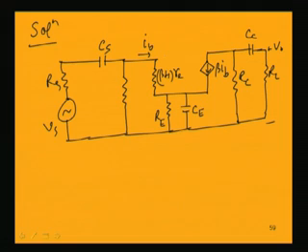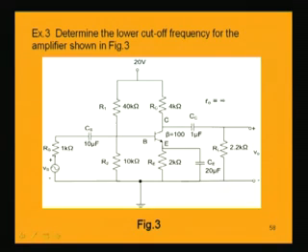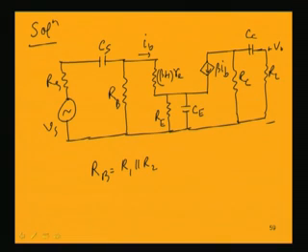Now, this is RB, which is nothing but R1 parallel R2, because in this circuit, if we notice, it is a potential divider biasing circuit having two resistances in parallel. So, R1 parallel R2 is the base resistance RB.